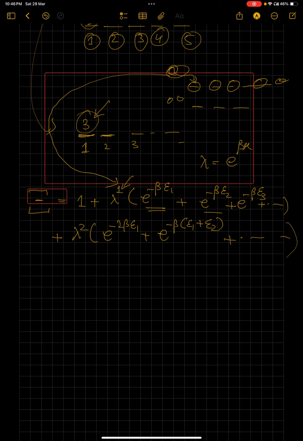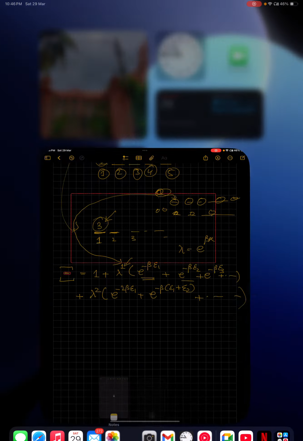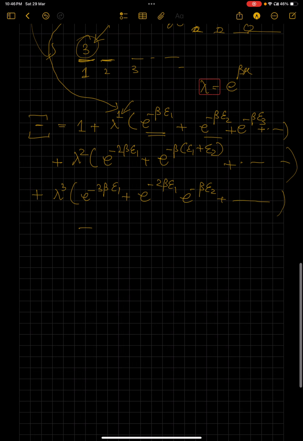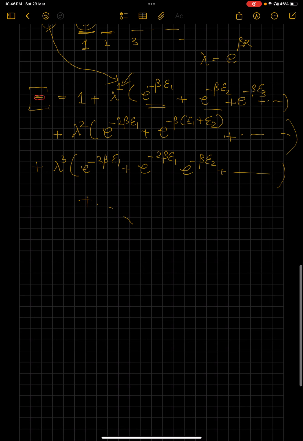So two particles can sit on this or this and so on. Many combinations will be there. Then I can write the three particle state: e to the power minus 3 beta E1, plus minus 2 beta E1 minus beta E2, and so on and so forth. I can write all the functions.